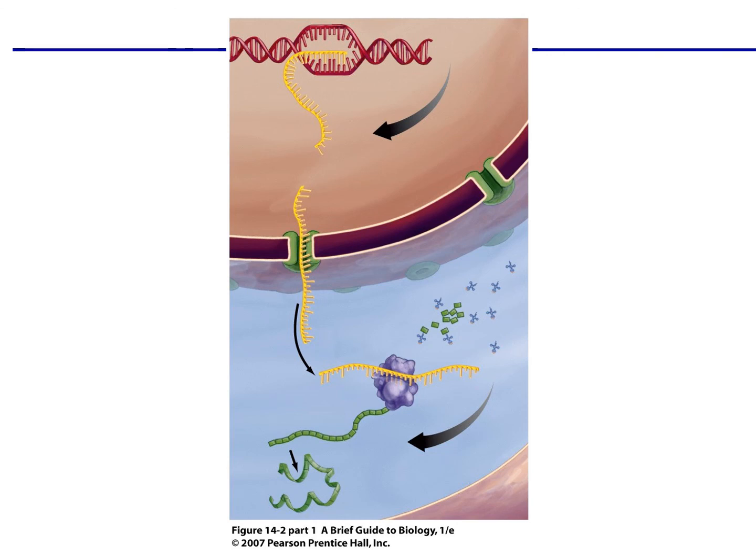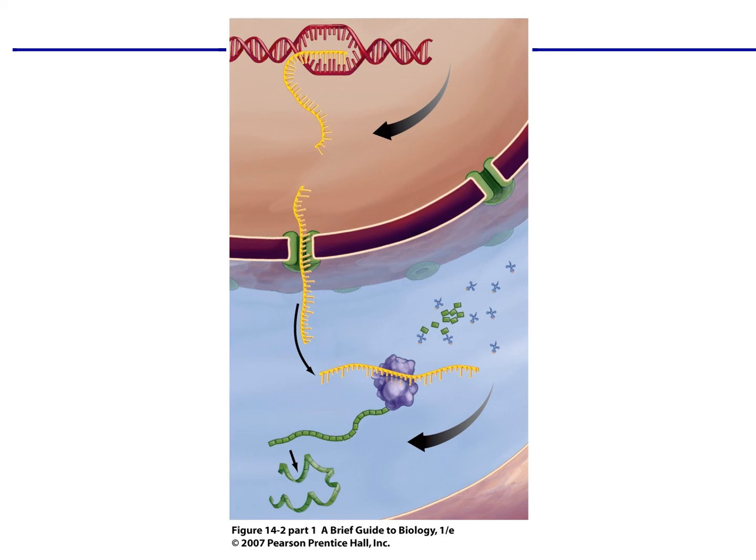So to get the information from the nucleus to the ribosome, we make a temporary disposable copy of the gene using an RNA molecule. We create an RNA copy of the DNA. RNA is a single-stranded nucleic acid chain that uses the ribose sugar.